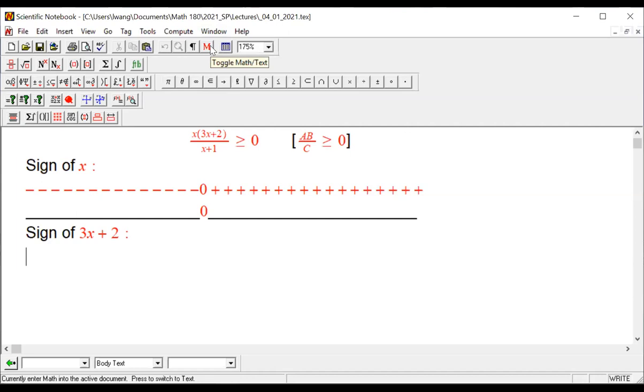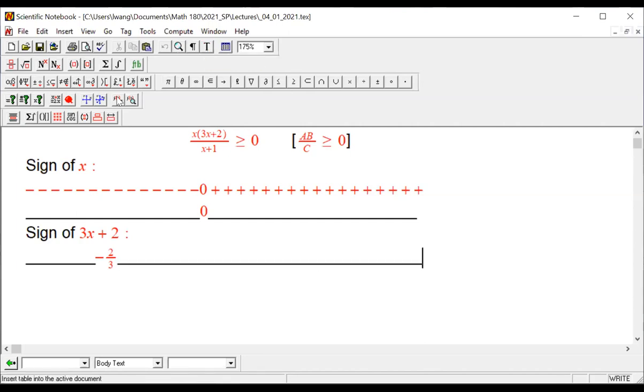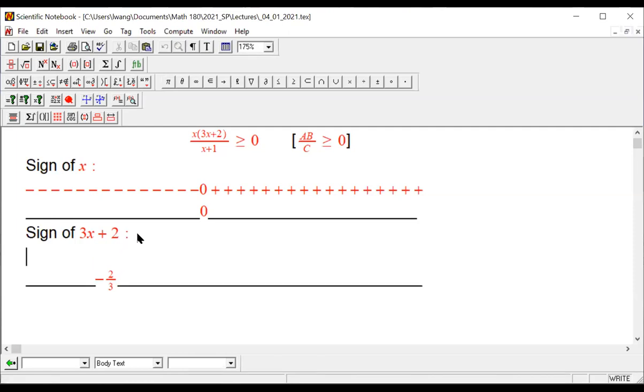Okay, so you're gonna have negative 2/3. Negative 2/3 is right here, and it changes sign. So when x is less than negative 2/3, is it positive or negative? Just plug in a number. Plug in, say, -1, and you're gonna have a negative. So negative.